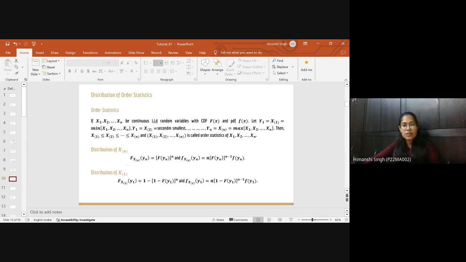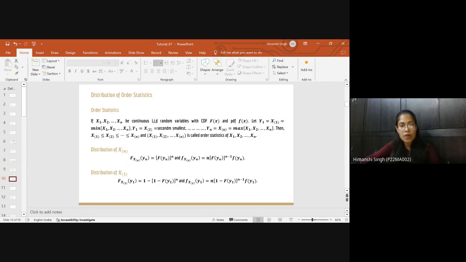Now, apart from this, we have also studied the concept of order statistics. So what is order statistics first of all? If I consider x1, x2, xn to be continuous random variables which are identically and independently distributed, whose CDF is F(x) and PDF is small f(x), then I'm considering y1, that is x(1), with the 1 in brackets to represent that this is the smallest element.